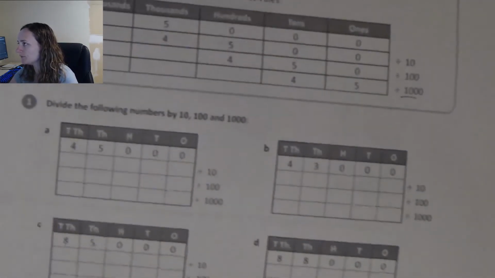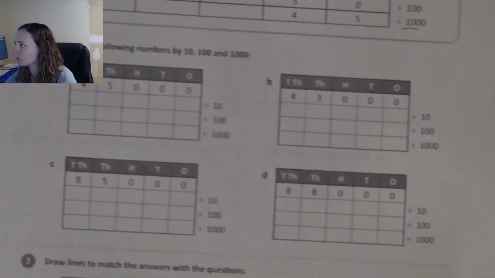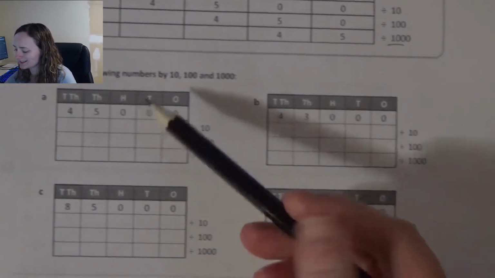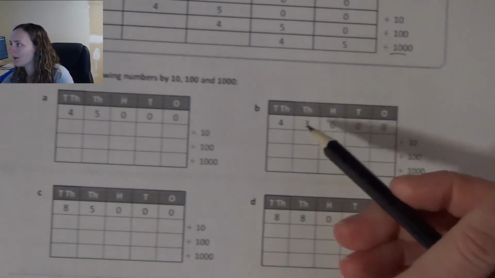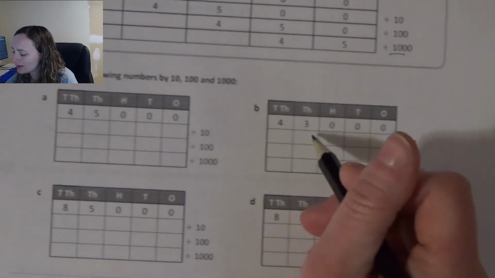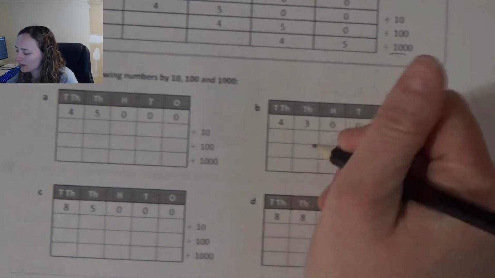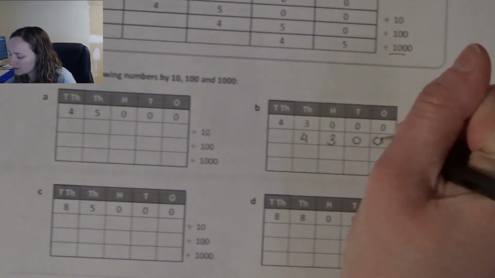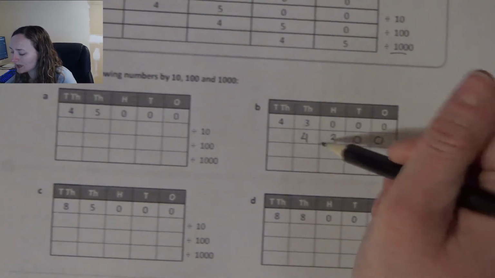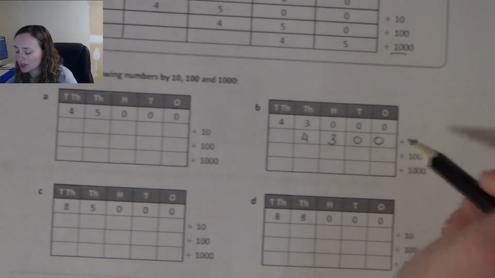So I'm not going to do A here for you because A is the exact same as this one up here. So I'm going to come over here and do B with you. So this one is 43,000. So I'm going to move everything over 1. 4, 3, 0, 0. So 43,000 divided by 10 is 4,300.